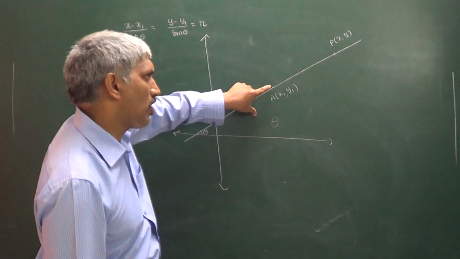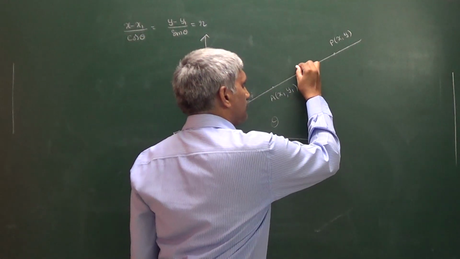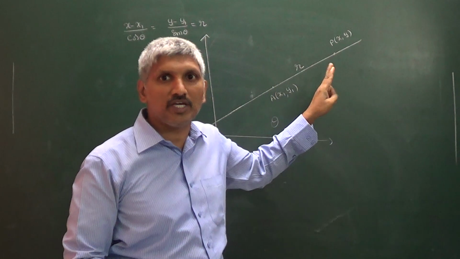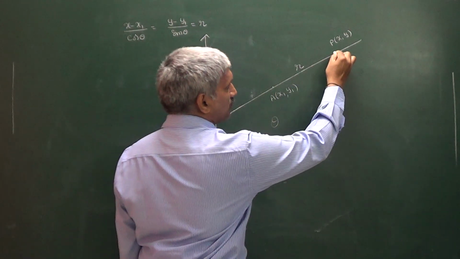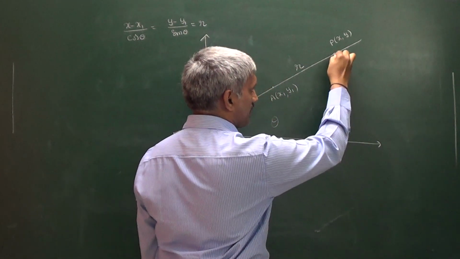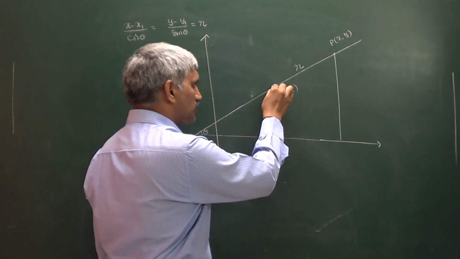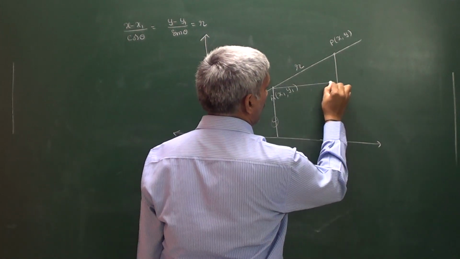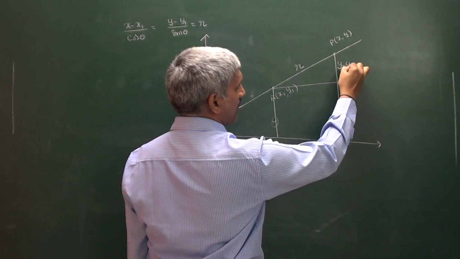So this is the point A (x1, y1), and at a distance of r units, that means distance between A and P is equal to r units, there is a point P (x, y). Now from this a line is drawn perpendicularly. You know the distance is y, and this distance is equal to y1. Now can you tell me what about this length? That length is nothing but y minus y1.